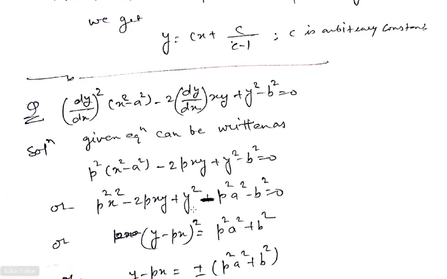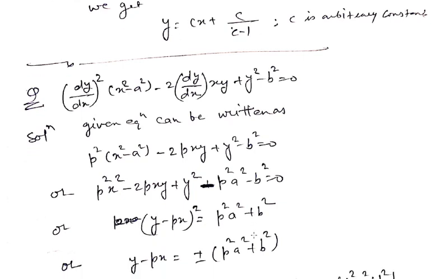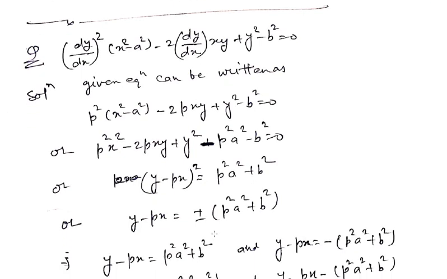This is (y minus px) whole square. Now the remaining terms, p square a square and b square, shifting them to the right hand side, we get (y minus px) whole square is equal to p square a square plus b square. Now taking square root on both sides, we get y minus px is equal to plus minus square root of (p square a square plus b square).